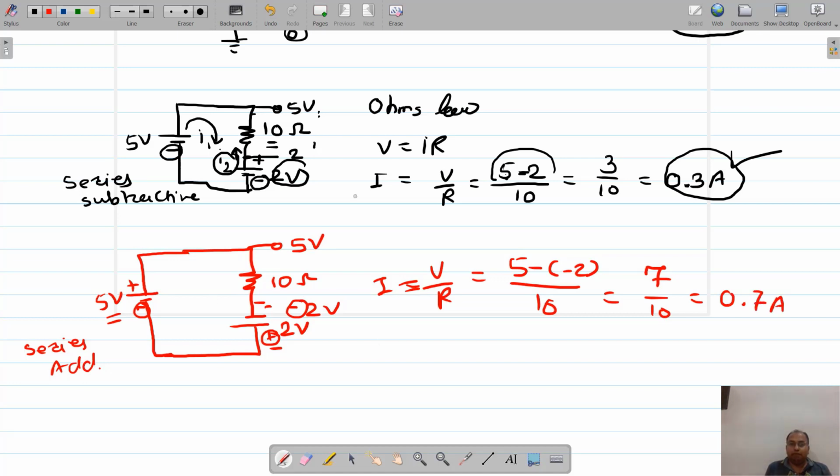Okay, so depending on the polarity of the battery that we have connected over here and over here, the value of current is going to change because of this series additive and series subtractive type of connections of the battery. Is that fine? So I wanted to discuss this one, right? We need to understand, definitely we have to check out the voltages present at two different terminals of the particular resistor.